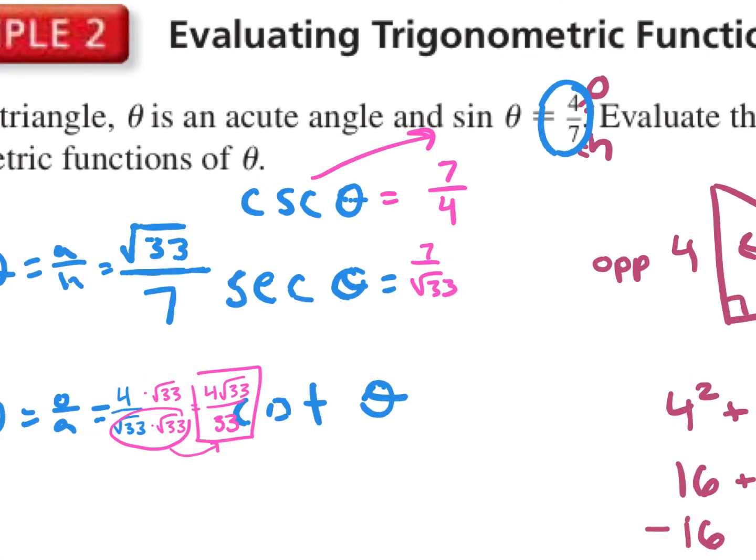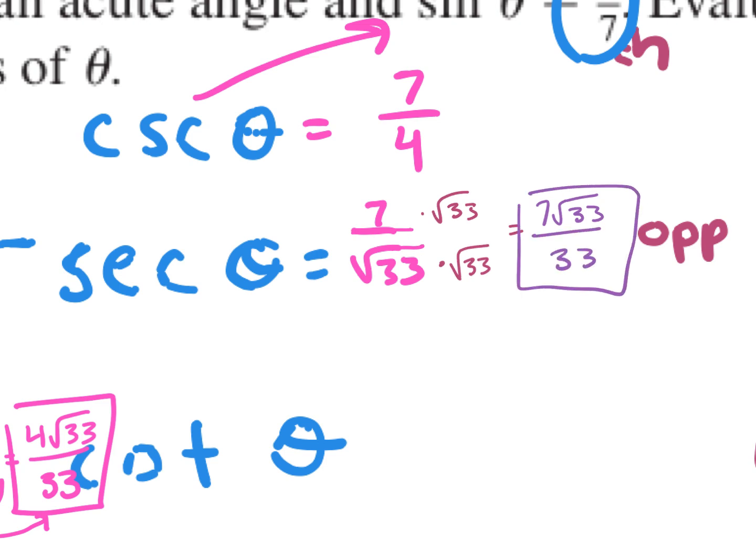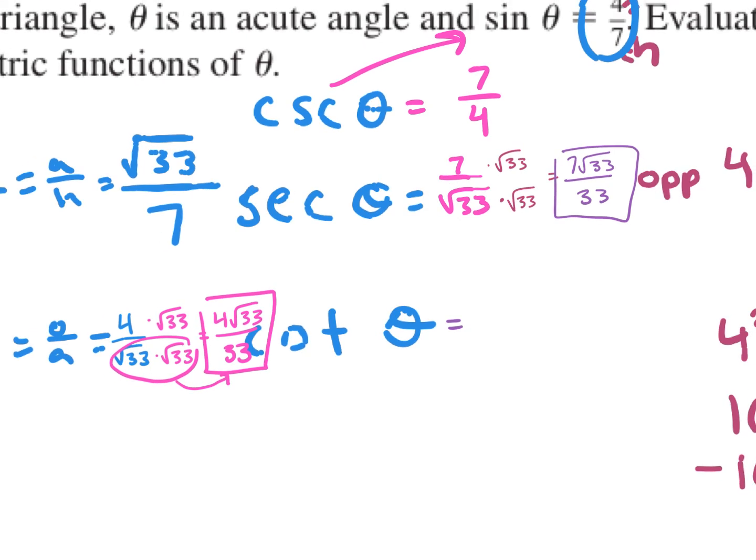Multiply the top and the bottom by square root 33. So what do we get on the top? 7 square root 33, and then 33 on the bottom. Perfect. And then cotangent would be what? Square root 33 over 4. Awesome. So we just flipped the original here.